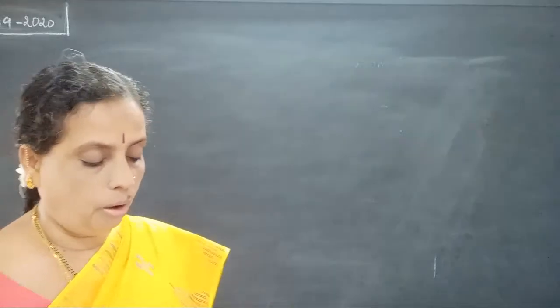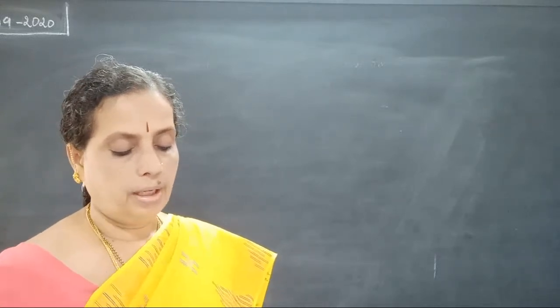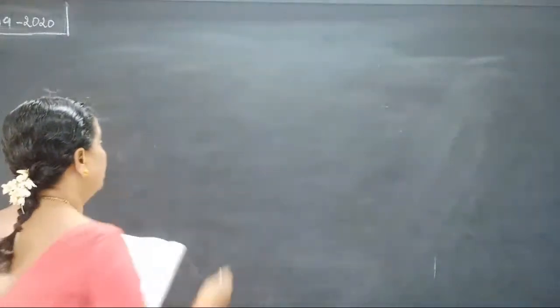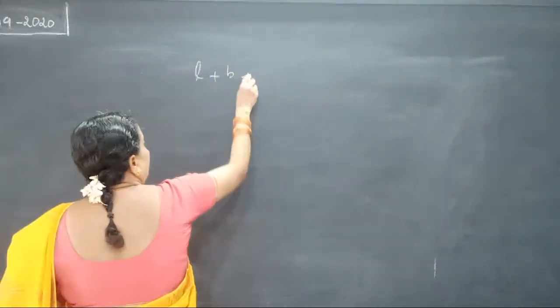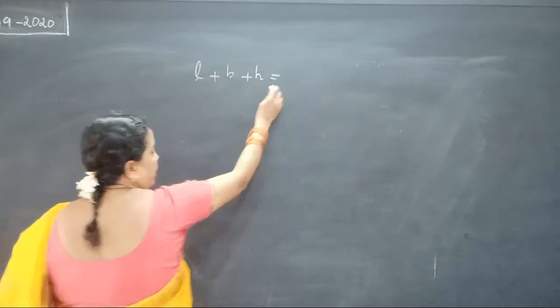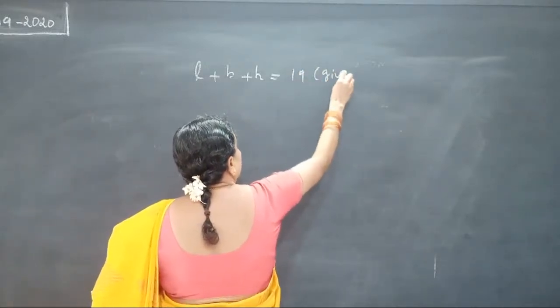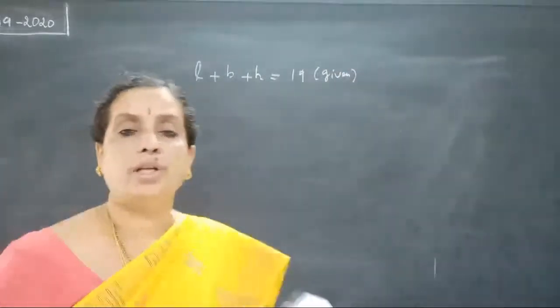The sum of length, breadth and depth of a cuboid is 19 centimeter. That means considering length L, breadth B and H, sum of means L plus B plus H equals 19 centimeter, it is given. The first statement gives the relation.